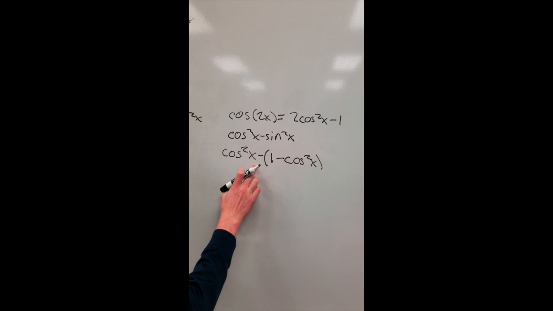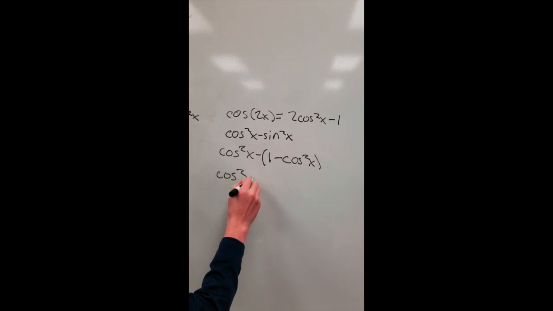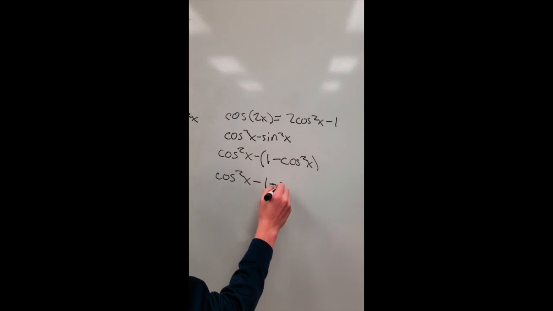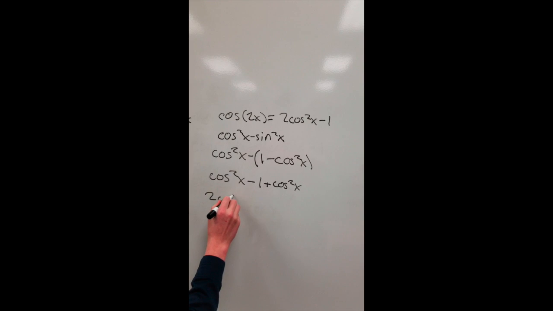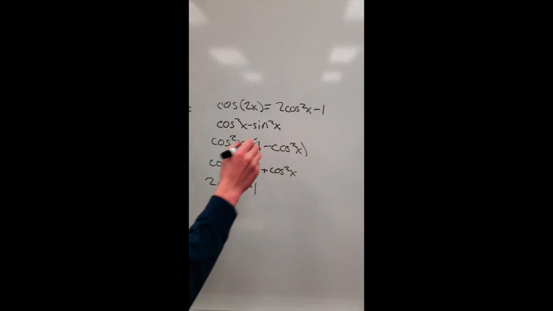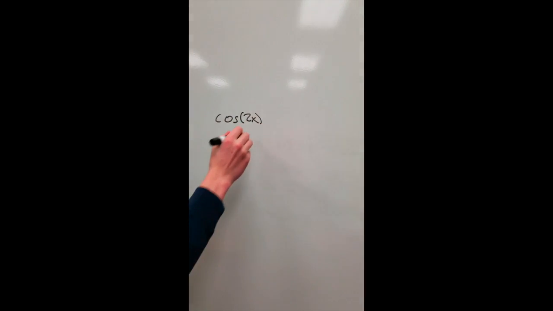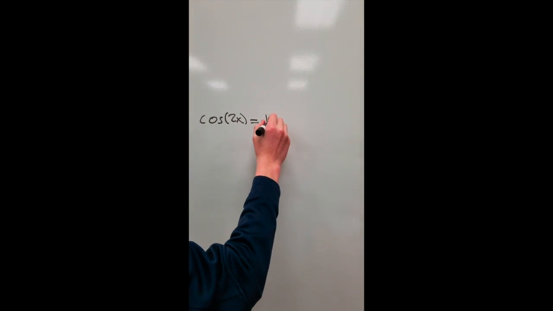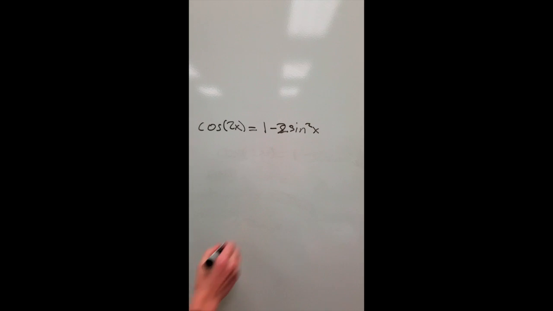Then we put in the negative and apply that to all of that: minus 1 plus cos squared x. Then we can combine them, and we get 2 cos squared x minus 1, so those are equal. And we have the final identity, cos 2x equals 1 minus 2 sine squared x.